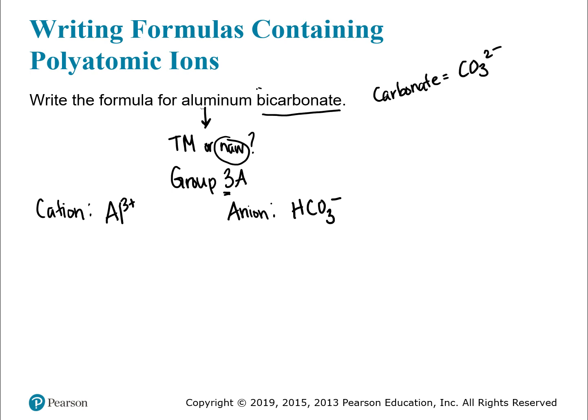And when you add that bi in front, it means that you're adding a hydrogen. Let's look at our charge. So we've got +3 and -1. I'll show you both methods.